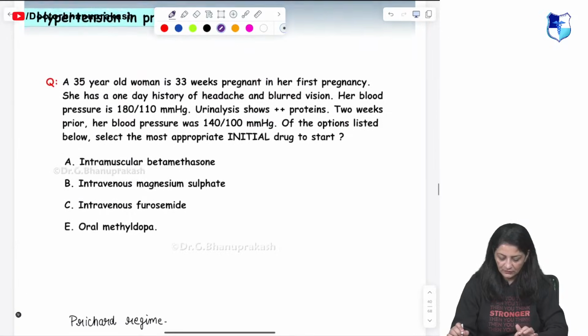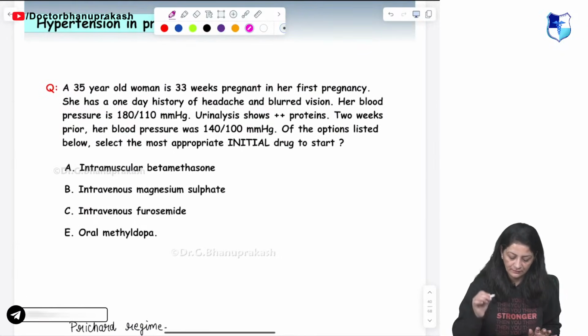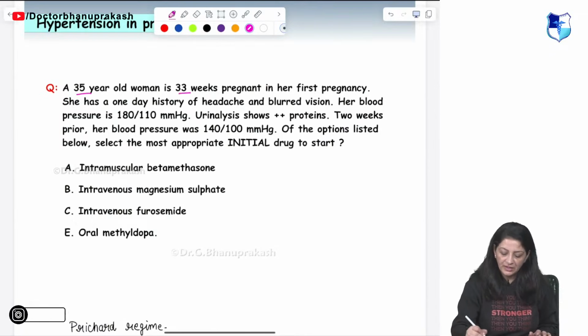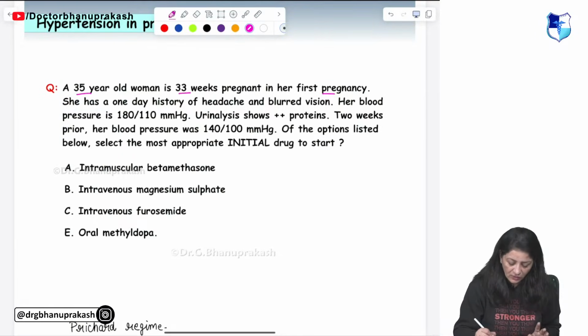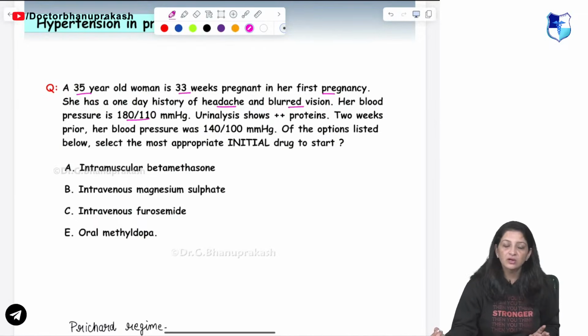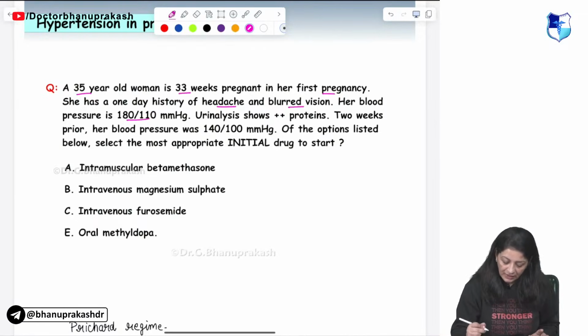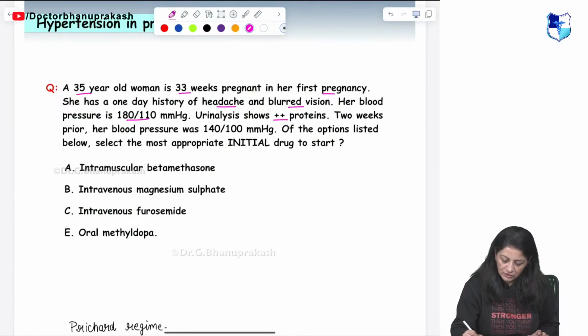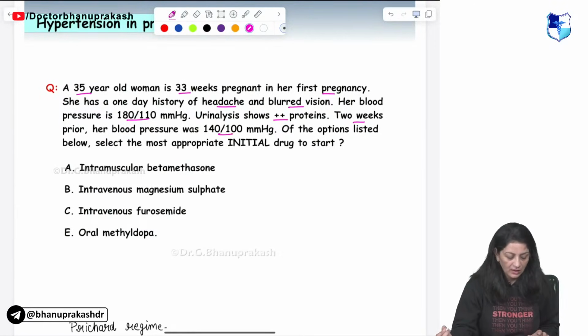Okay, now solve this question. 35-year-old female, 33 weeks pregnant, in her first pregnancy. She is primigravida. She has a 1-day history of headache, blurred vision, uncontrolled blood pressure, urine analysis 2+ proteins. 2 weeks prior, BP was 140/100.